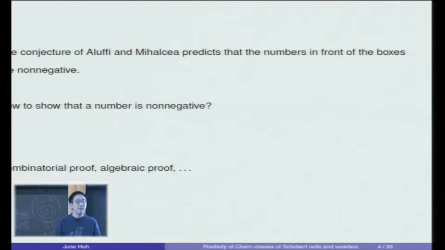Or maybe in some fancier layer of this argument, you could say that your number is equal to the dimension of some vector space and hence non-negative. Whenever you achieve that, I'm going to say that you have an algebraic proof of the non-negativity. I achieve neither. We don't have a combinatorial proof of the non-negativity. We don't have an algebraic proof of the non-negativity.